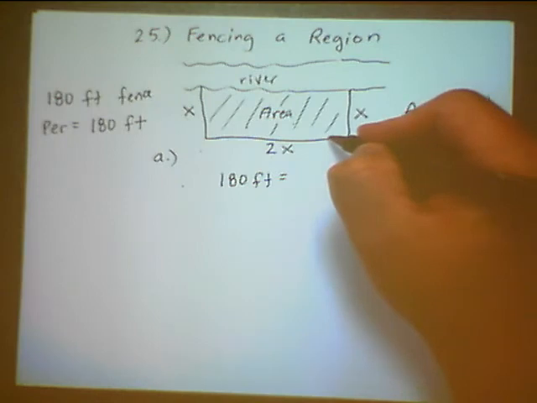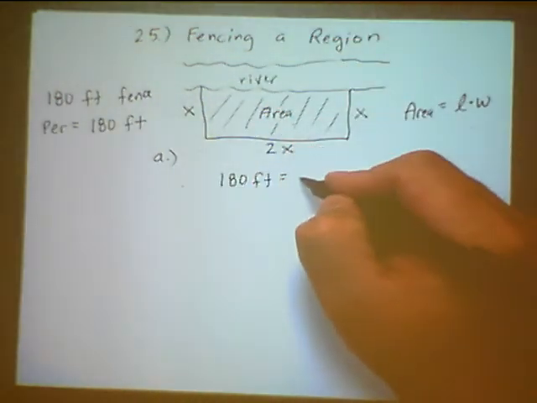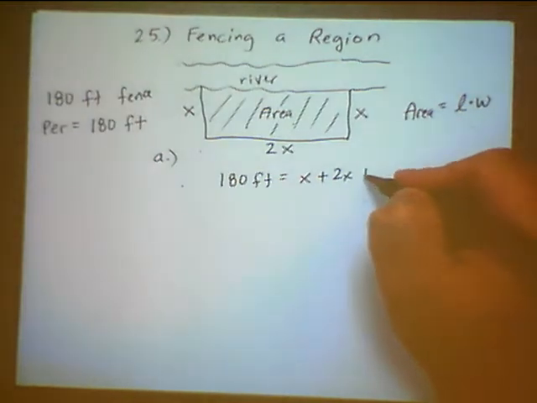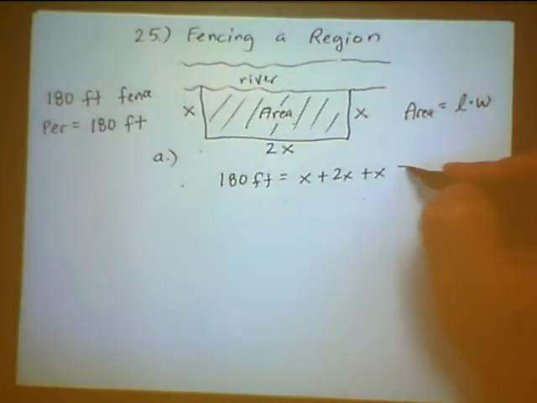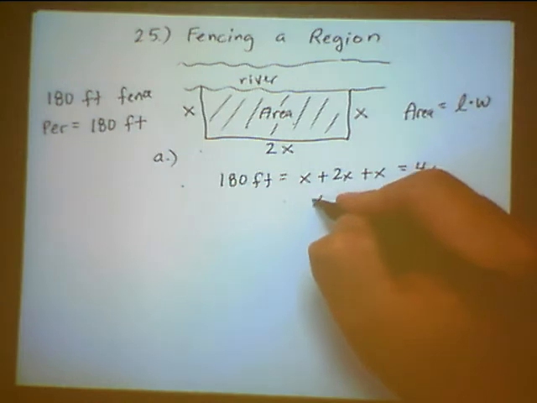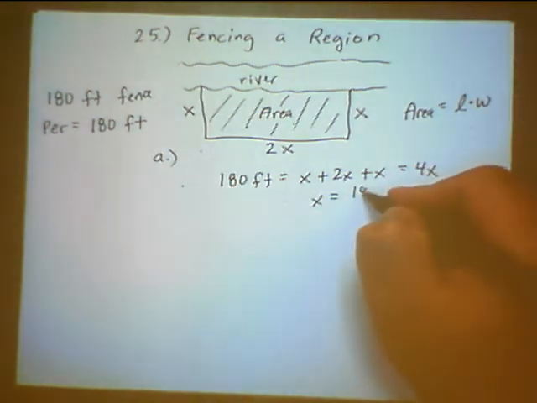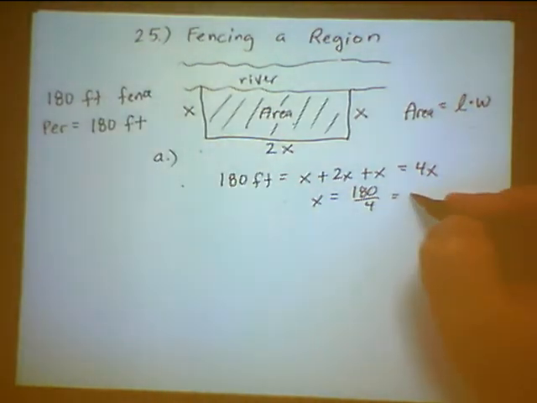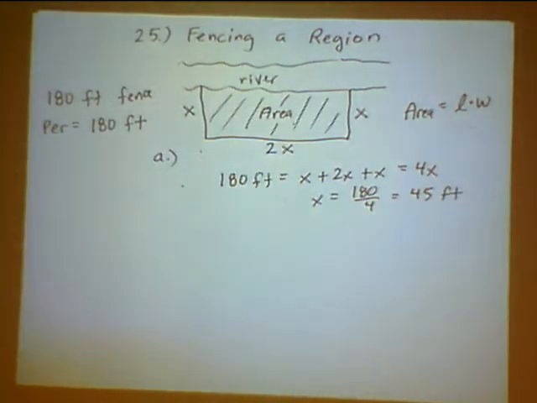So for this first scenario, the perimeter, which is 180 feet, just add up these three sides. x plus 2x plus x. Just to be clear, I can write it out. But it actually is going to equal 4x. So if I want to solve for x, I divide both sides by 4. So x is 180 divided by 4, and I believe that is going to be 45 feet.